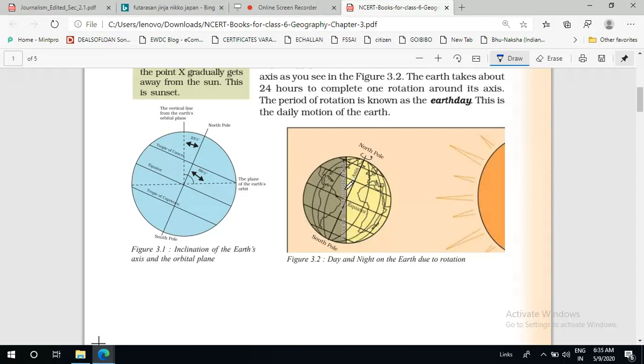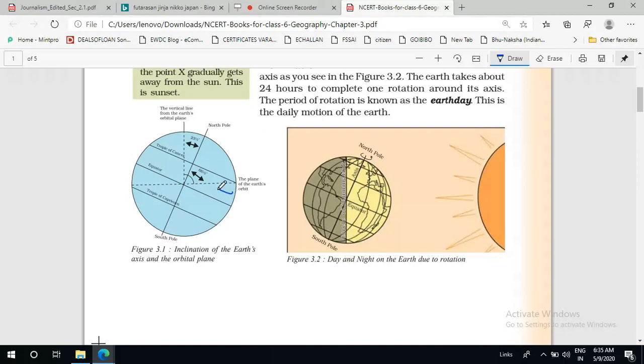And here one thing you must understand, that circle of illumination and the axis of the earth are not the same line. They are different lines. Okay, and it is by this figure you can understand this in a better way.